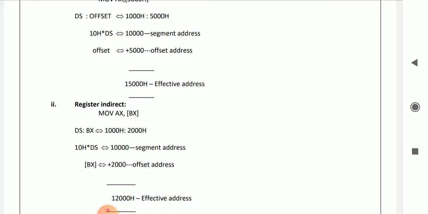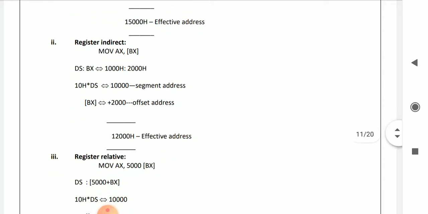So in register indirect addressing mode, see here, DS is multiplied by 10. Previously it was 1000, and after multiplying by 10 it becomes 10,000, which is now 5 digits in hex. Now add BX, which contains 2000, so your effective address will become 12,000. If you expand it in binary, it will be 20 bits.